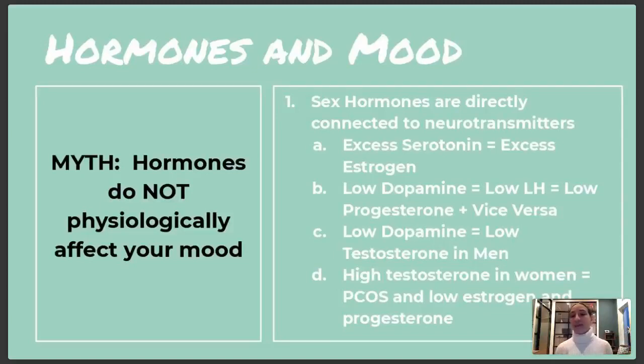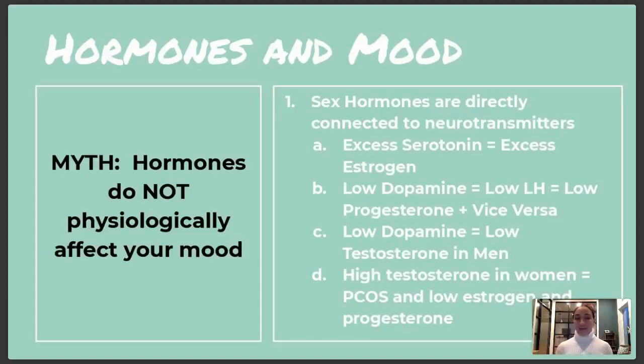But the tricky thing about this is that neurotransmitters have to be in perfect balance. This is not about them being too high. This is not about them being too low. If you have excess serotonin, you might think, I should feel amazing, but you don't. You actually feel anxious.